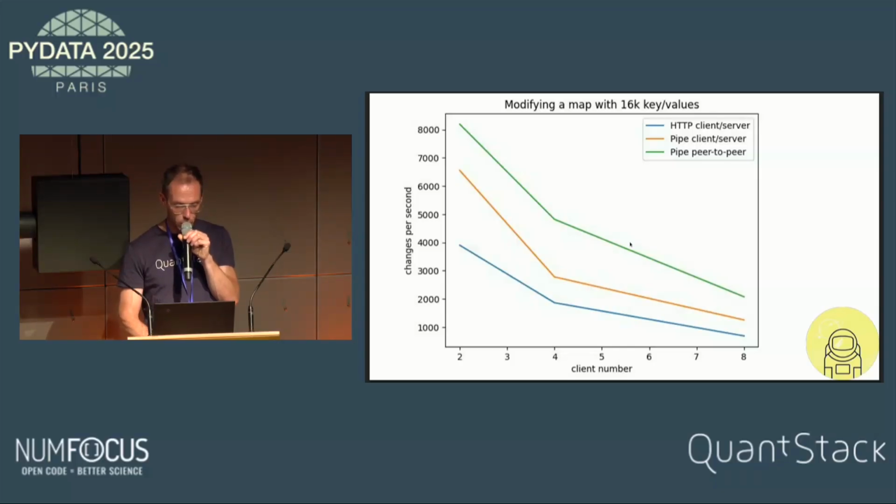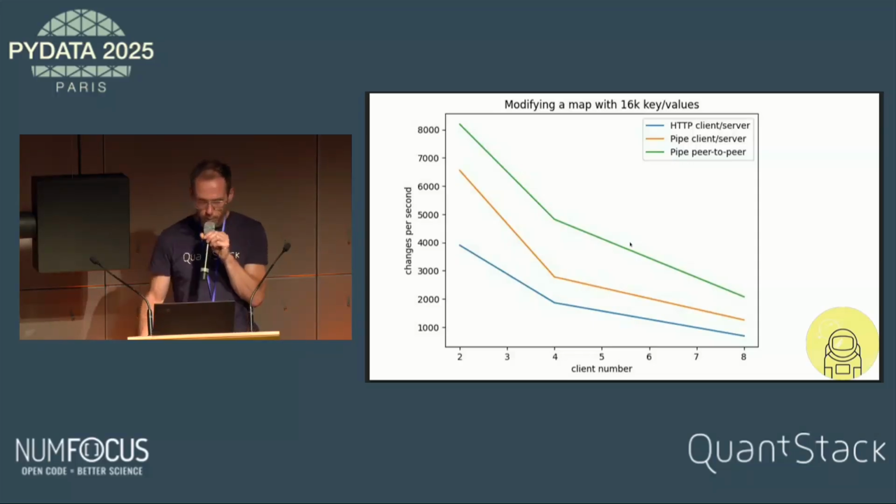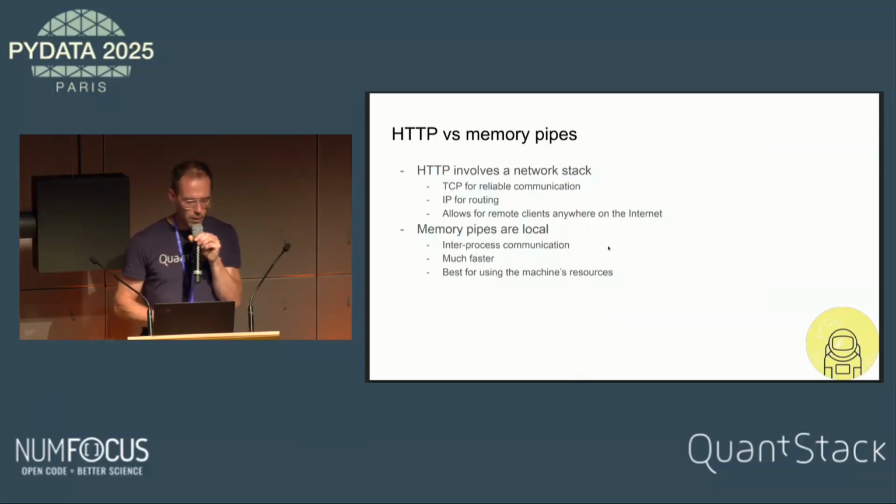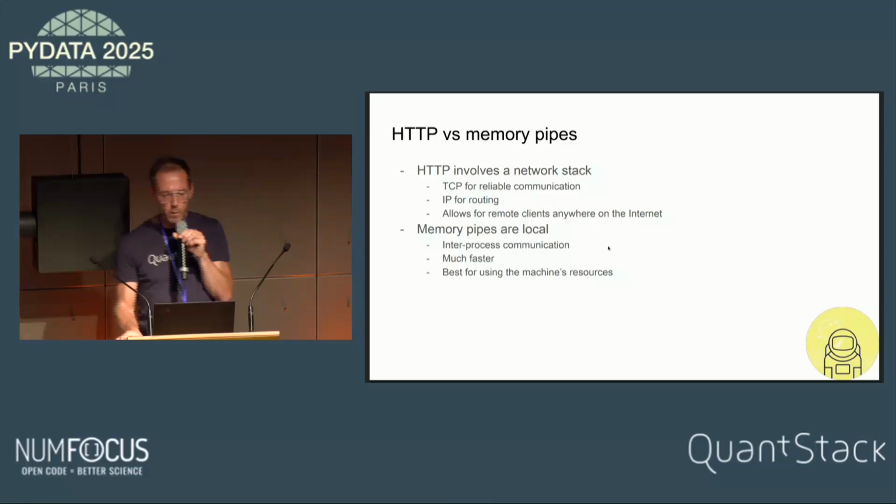We can also see that the client-server architecture is slower than peer-to-peer. And one thing which is kind of surprising is that it gets slower with the number of clients. So that's not good.